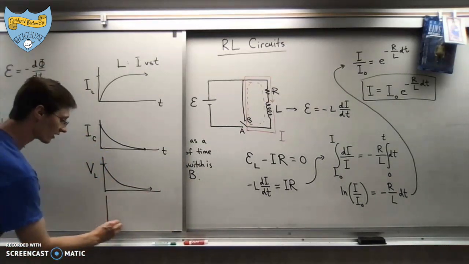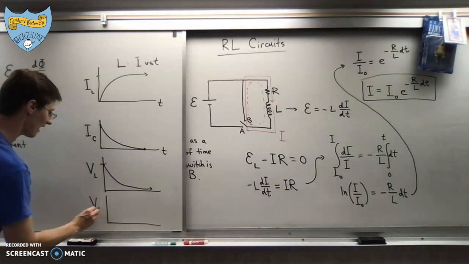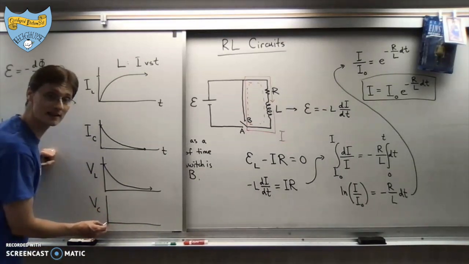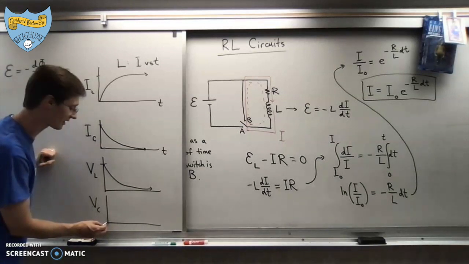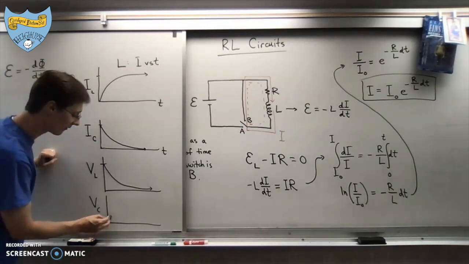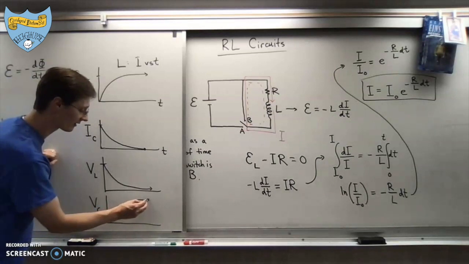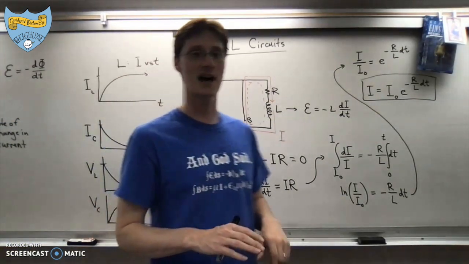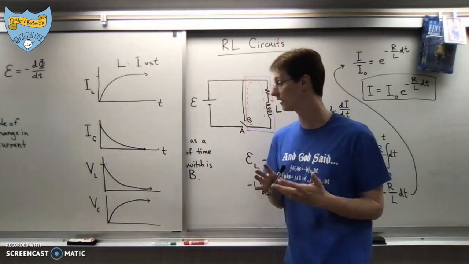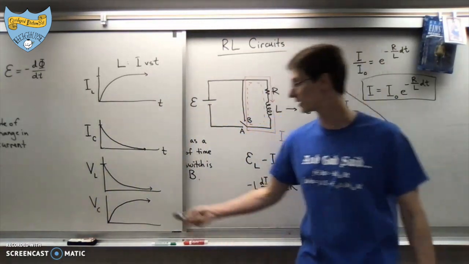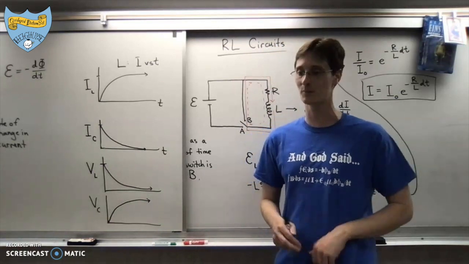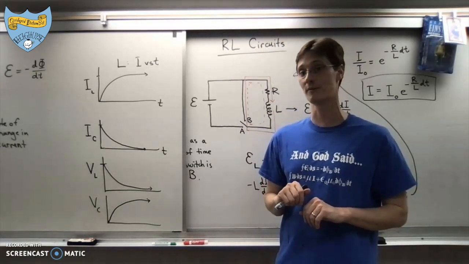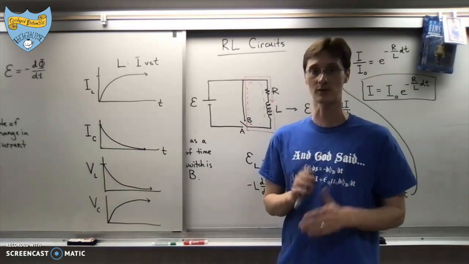The capacitor is the exact opposite. Initially, when the capacitor is uncharged, it can't do anything. It doesn't have any charge on it, so it doesn't have any volts on it. However, a long time later, when it is fully charged, the capacitor does not permit any current to flow at all because the capacitor is full. It pushes back with as many volts as needed in order to make the amount of current flowing be zero.